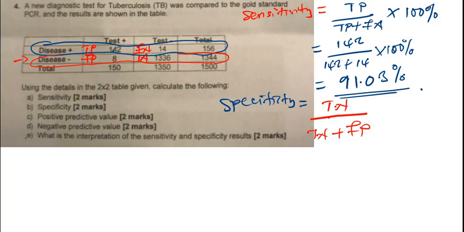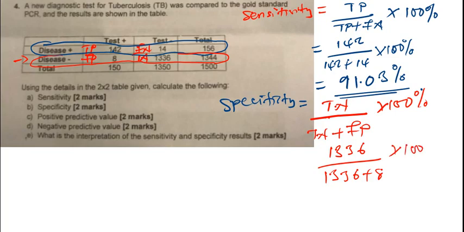So now for us to calculate the specificity of this test, we have to say the true negative divided by the true negative plus the false positive. The results which were coming to be true, but people are negative, times 100%. So true negative is 1,336, plus the false positive, which is 8, then times 100. The total is already 1,344.